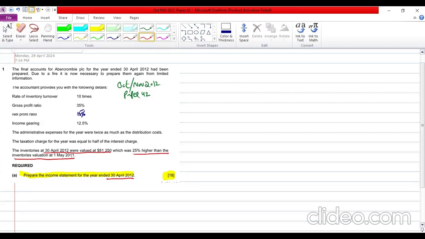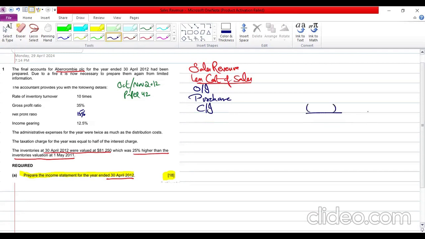Now, the income statement format is sales revenue, and this is a company. Then cost of sales, and we know in cost of sales we have opening inventory, net purchases, and we deduct closing inventory from it, and ultimately we have our answer, which is gross profit.